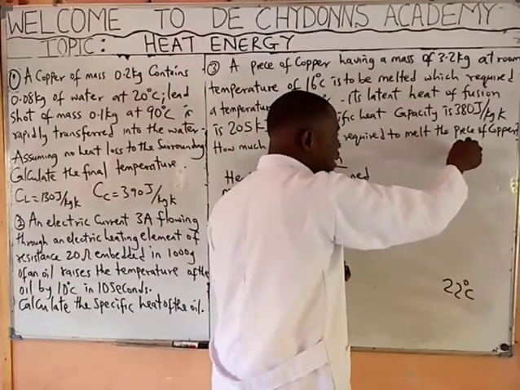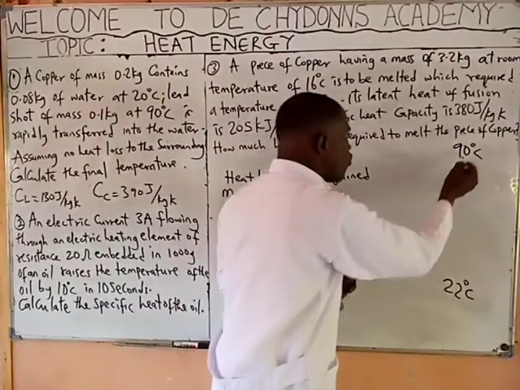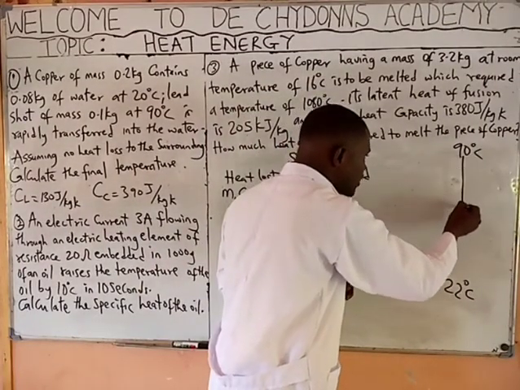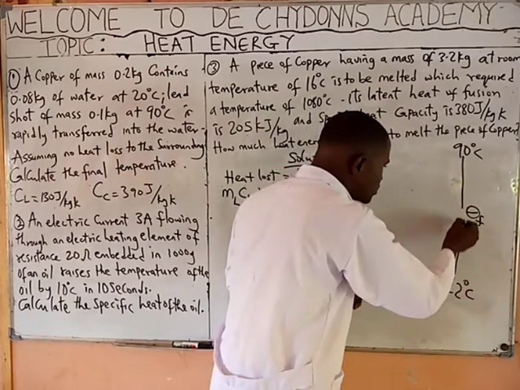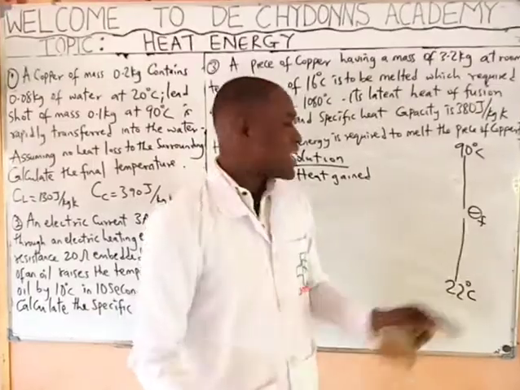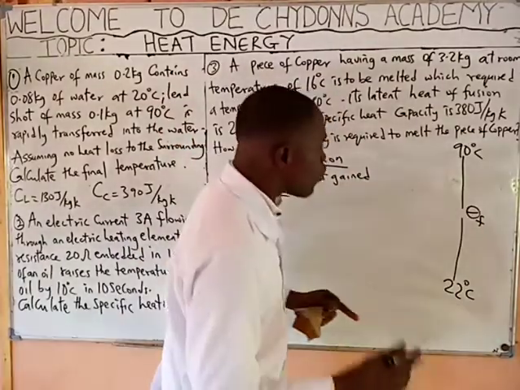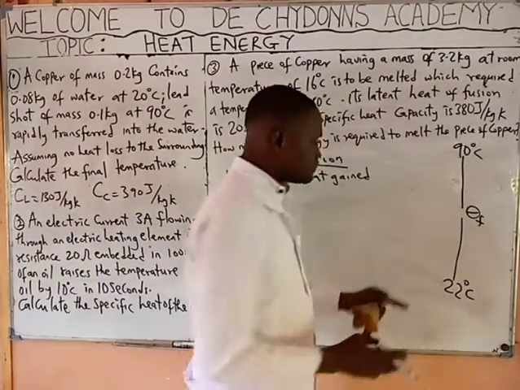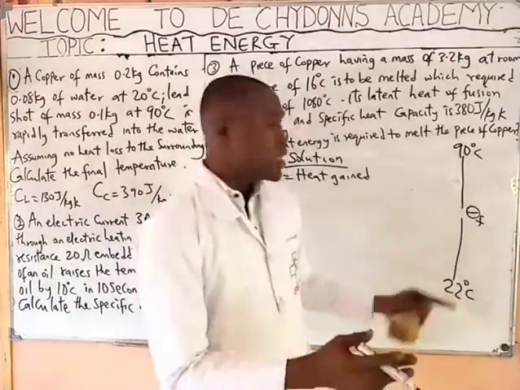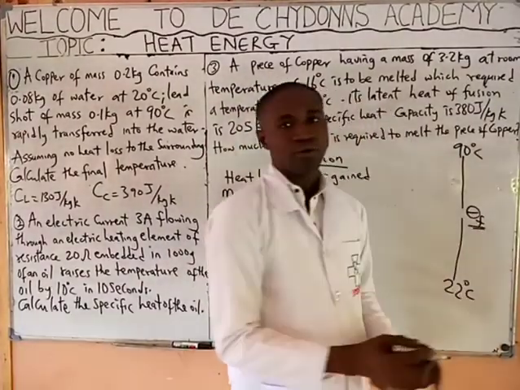As you put this lead inside this bucket of water, the lead will lose heat to this temperature, while the water will gain heat to this temperature. And that temperature will be called the final or the equilibrium temperature. It is the temperature where the water, the copper, and the lead will have the same temperature.